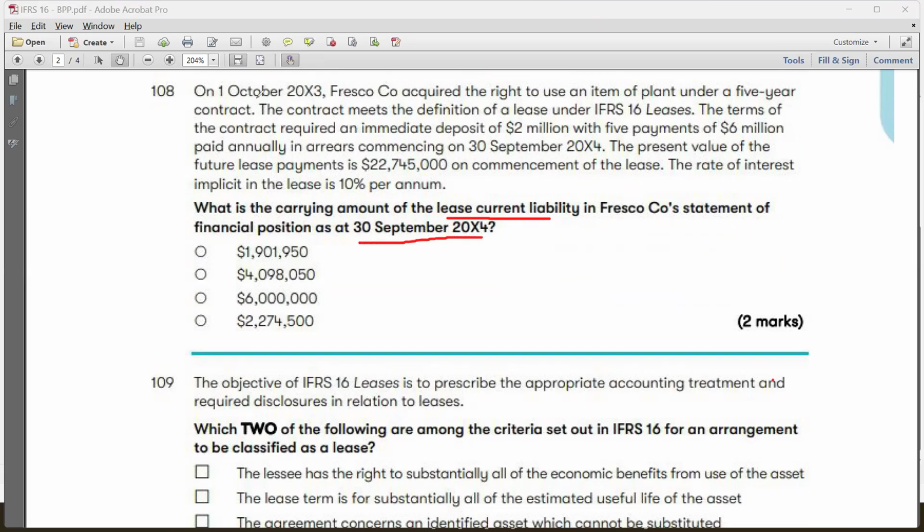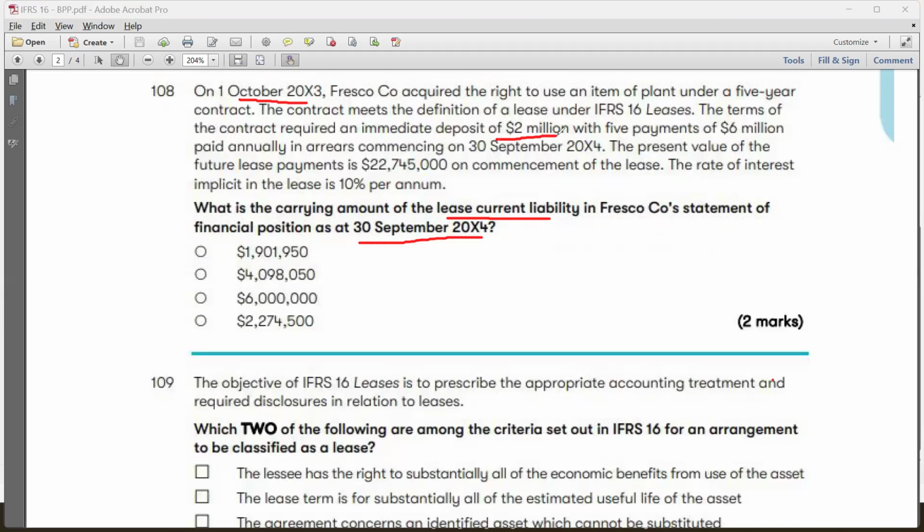So remember that this is after 1 year. On 1st of October 2023, FESCO Co acquired the right to use an asset, a plant, under a 5-year contract. The contract meets the definition of a lease under IFRS 16 leases. The terms of the contract required an immediate deposit of 2 million.